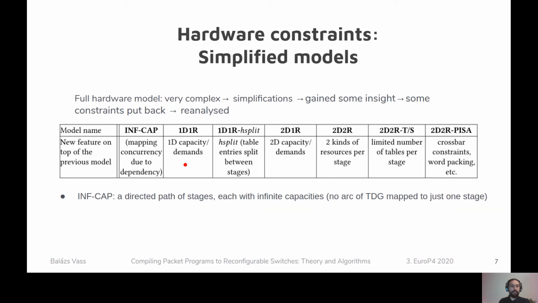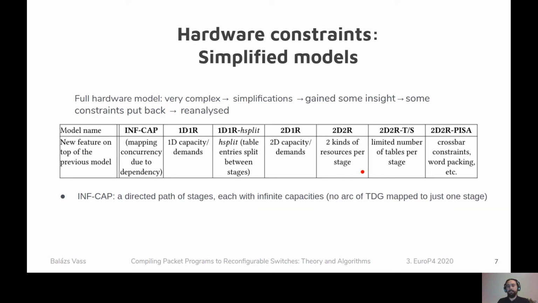Then we put back the one-dimensional capacity demands, so the number of entries of each table was taken into account. Then we enabled tables to be split between stages. For example, a large IP routing table sometimes doesn't fit in a single stage, so we have to divide it into multiple stages. Then we took into consideration the width of the table entries, so we have two-dimensional capacities and demands.